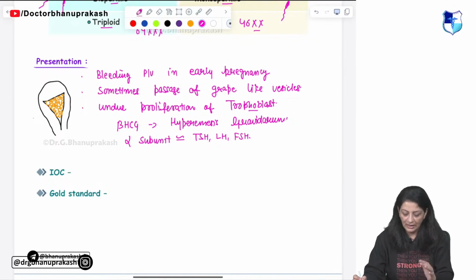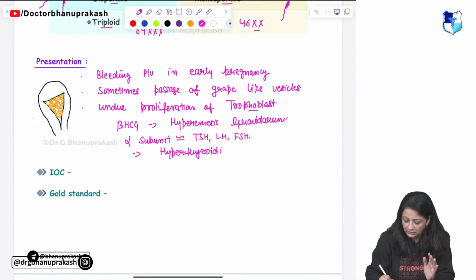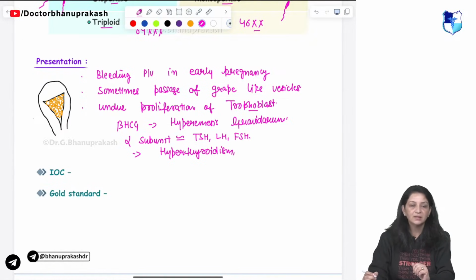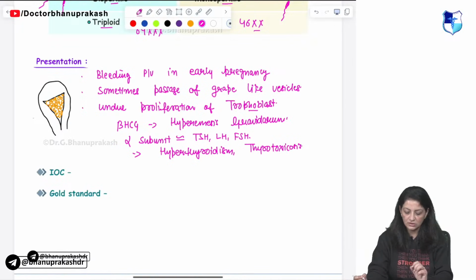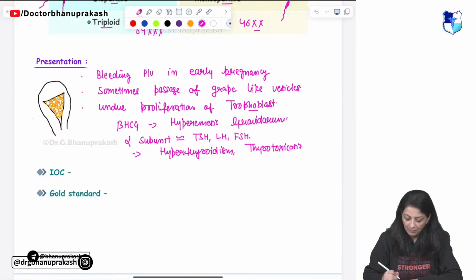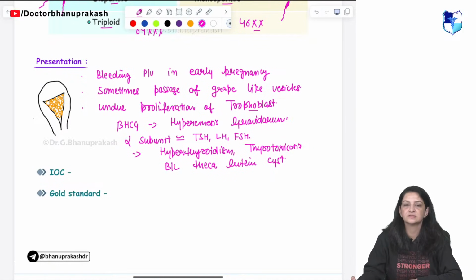So it will act like LH and TSH also. So patient will have hyperthyroidism, thyrotoxicosis, and because of LH, bilateral theca lutein cyst, ovarian cyst.